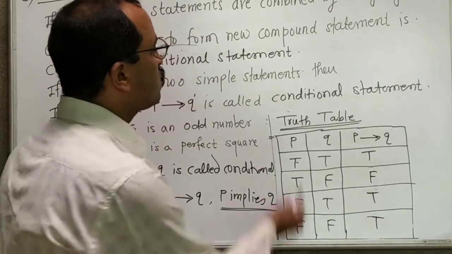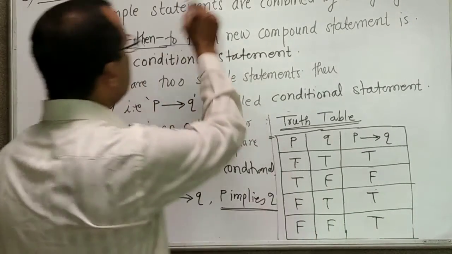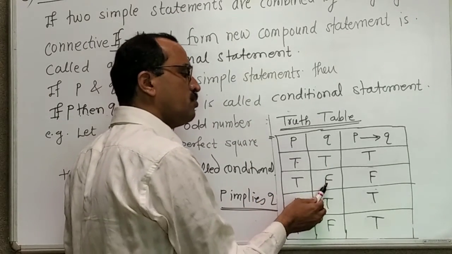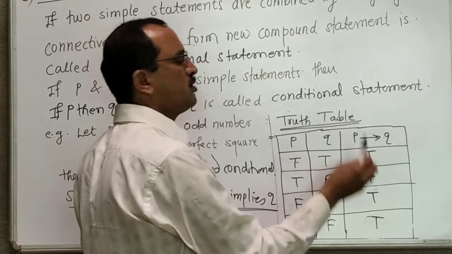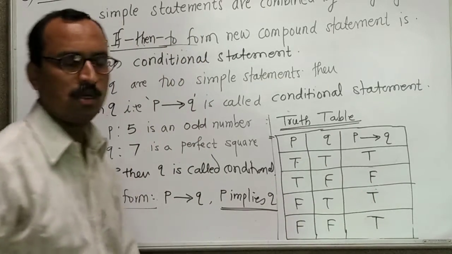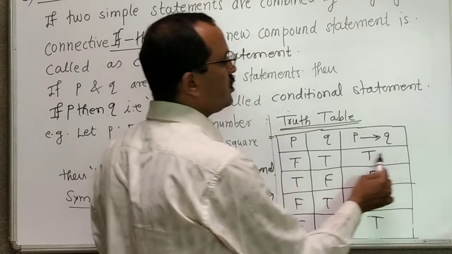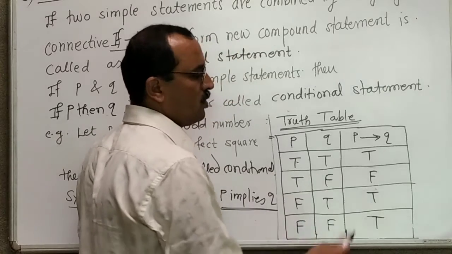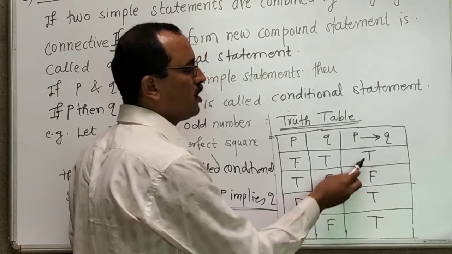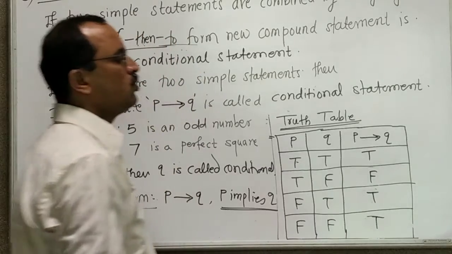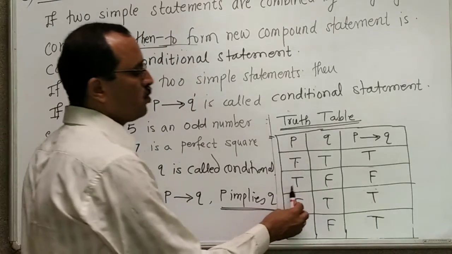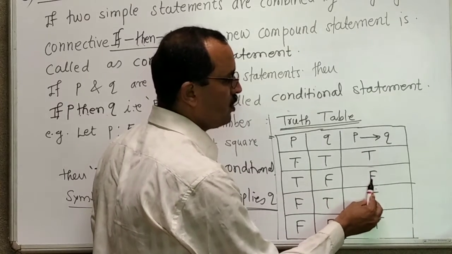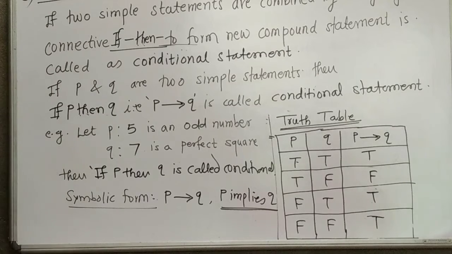So in this truth table, in the if-then statement, if the first statement is true and the second statement is false, then the resultant statement is false. Otherwise, in all three conditions TT, FT and FF, the resultant values are true. So we remember that for TF, P implies Q is F, and other values are true.